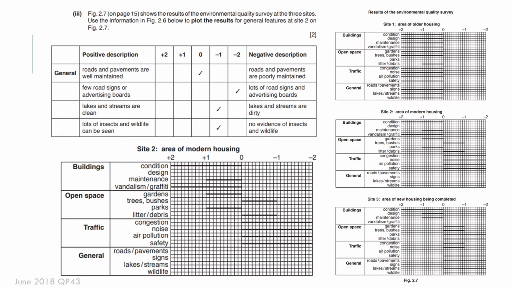So for roads and pavements, I'm not going to draw anything because that's 0. For signs, I'm going to draw my line up to -2. I'm always checking the axes at the top to make sure where +2 is and where -2 is. For lakes and streams, I'm drawing it up to -1. And for lots of insects and wildlife, I'm drawing across to the right for -1 as well. And that's how I would do the first one.